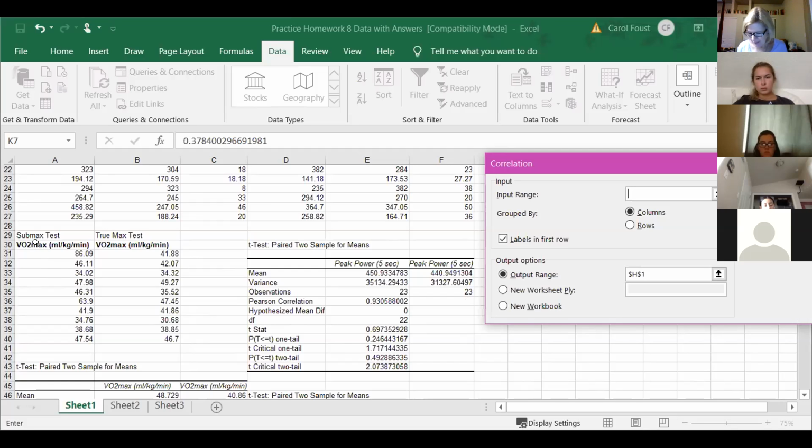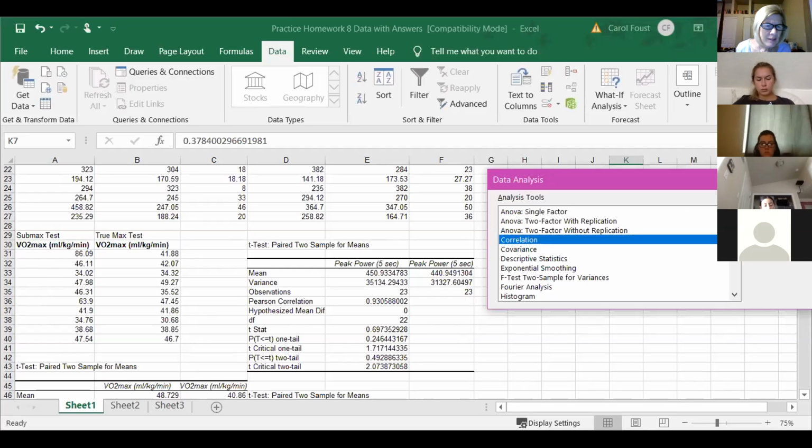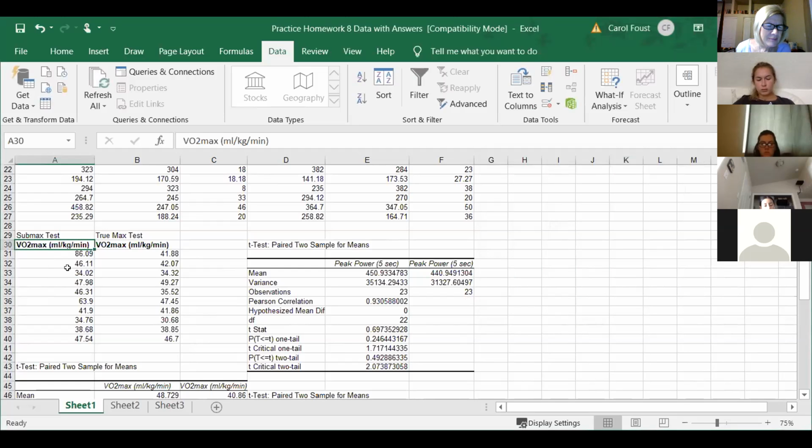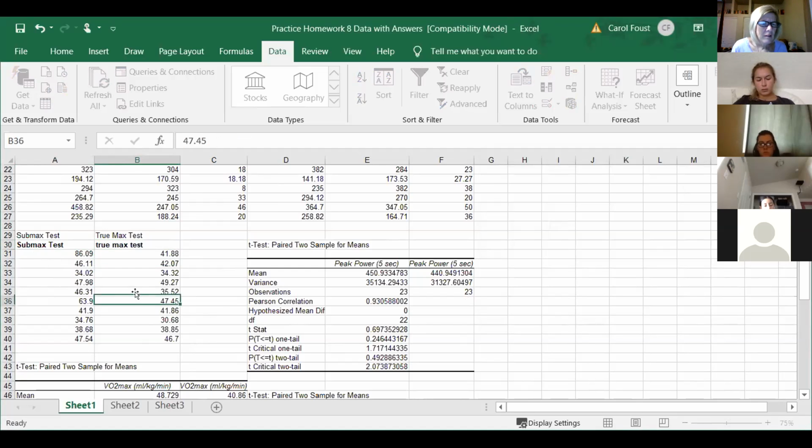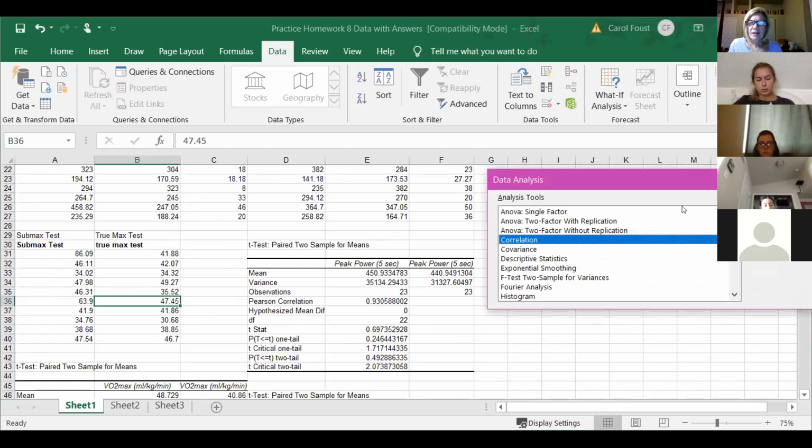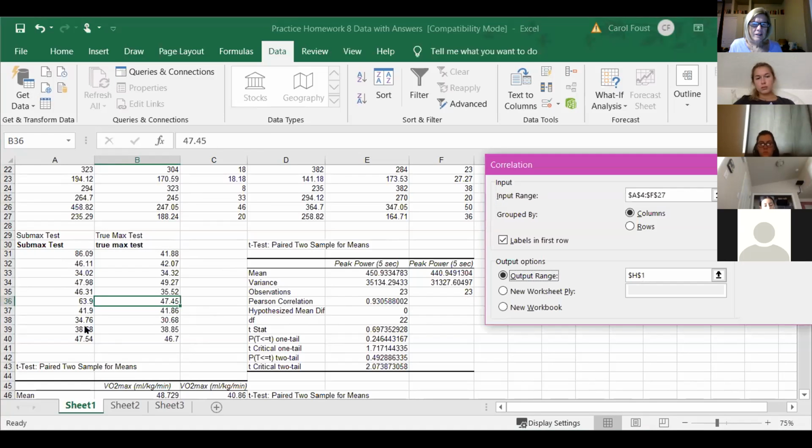I'm going to get rid of these because I want to put the submax and the true max here. Okay, so let me go back in correlation.